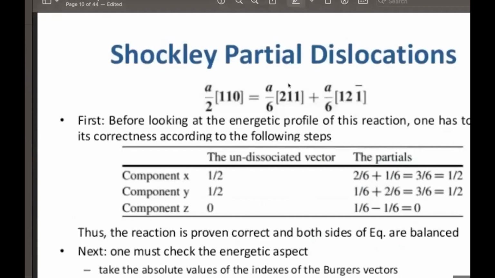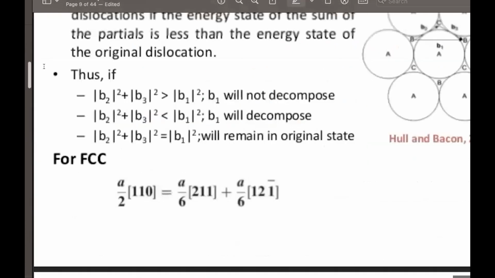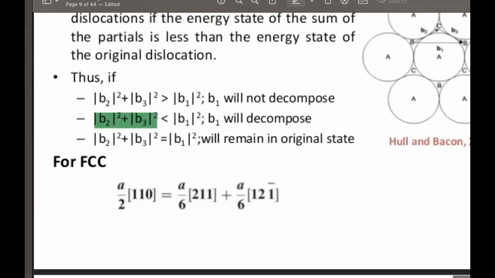If the stacking fault energy is high, this reaction is not favorable. But because we are adding the stacking fault energy to this part, if it is low, of course, it is favorable.